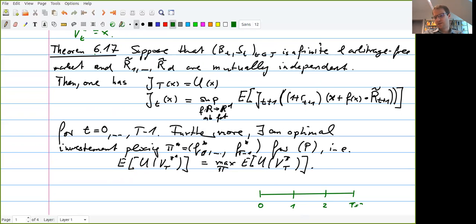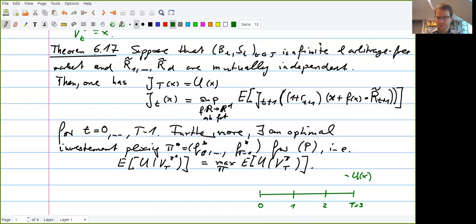So this is the terminal time 3. At the terminal time, depending on what capital I have, my expected utility will be just u(x). So this is easy to solve. We want to have the biggest possible x here.